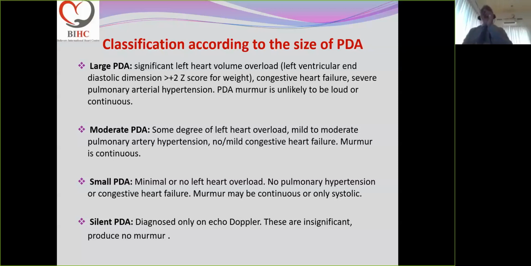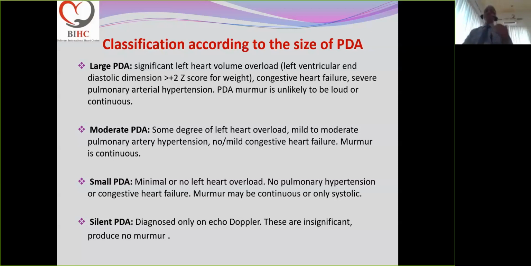If the Z-score exceeds +2 for the LV end diastolic dimension, you call it a dilated LV. Of course, quite often in a large PDA, visibly the LV and LA are dilated. But when you are defining an indication, you need to be sure that the LV is actually dilated.